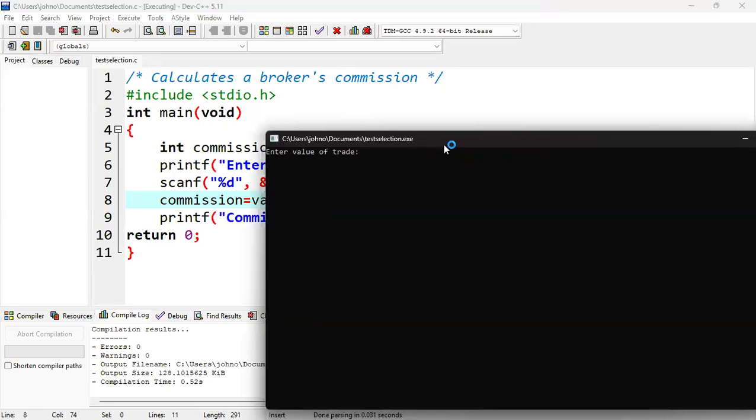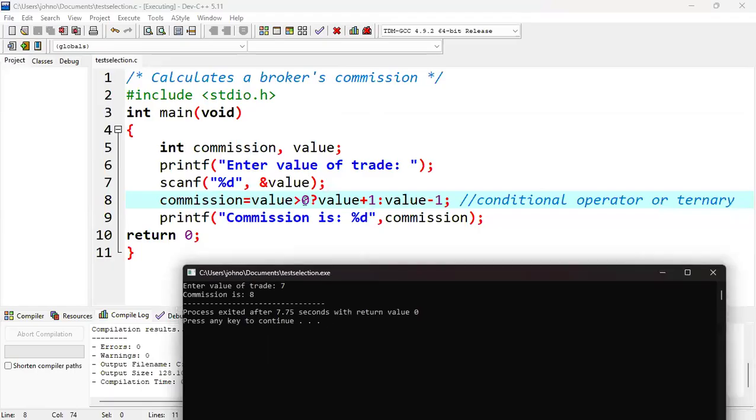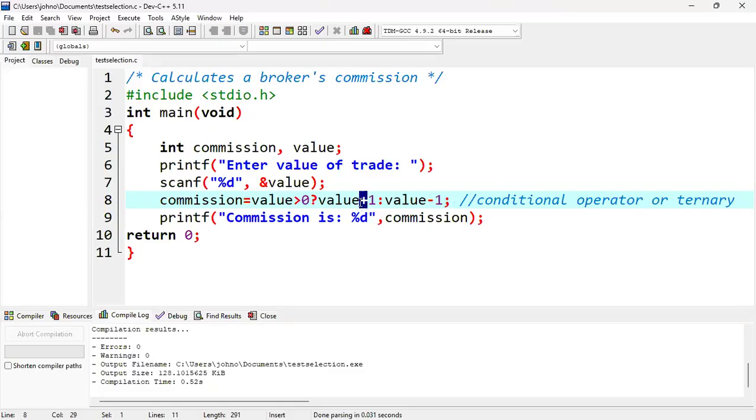So it's asking for the value. We can say 6 again as usual, or 7 as the previous example. Now it is 8. So it says, is it greater than 0? If it is greater than 0, we add 1. If it is less than 0, we subtract 1. Okay, I think the logic should be the opposite based on our last example.